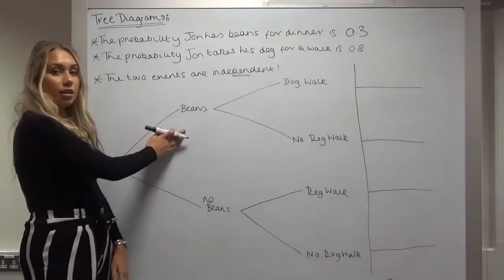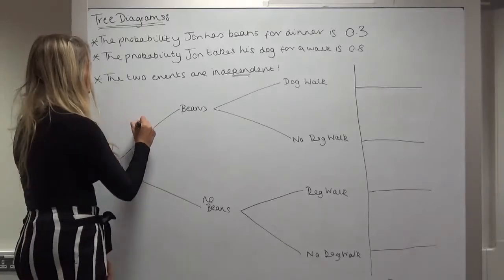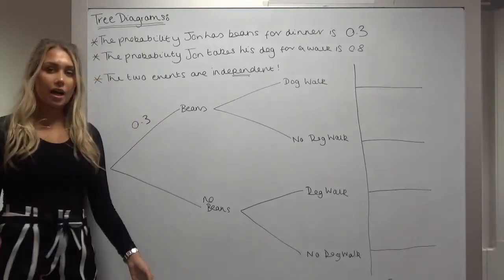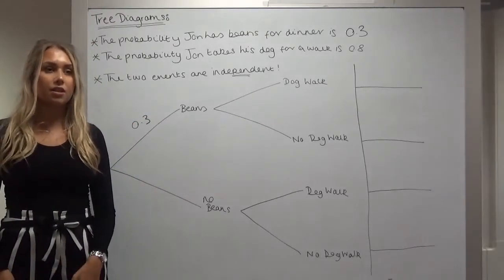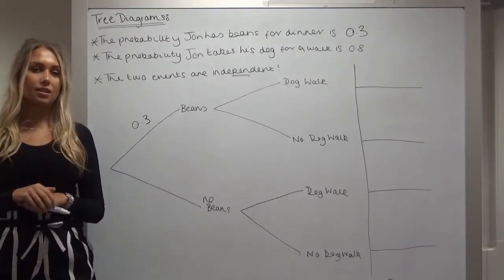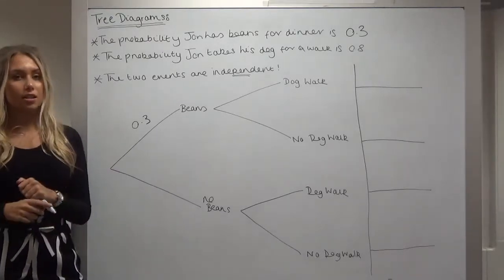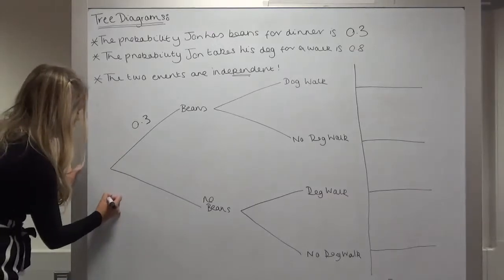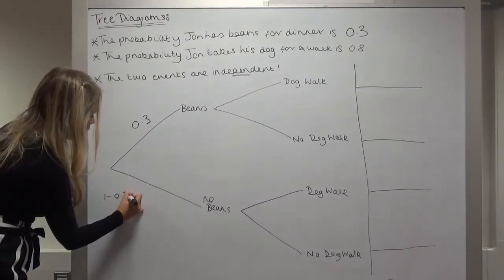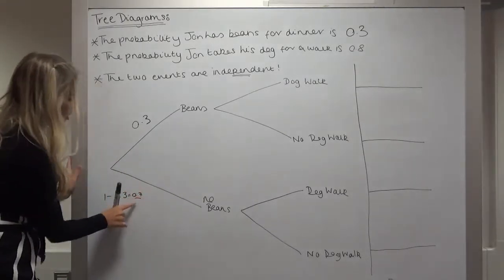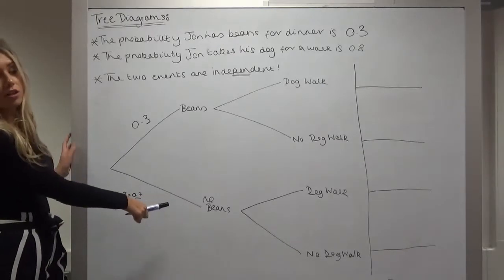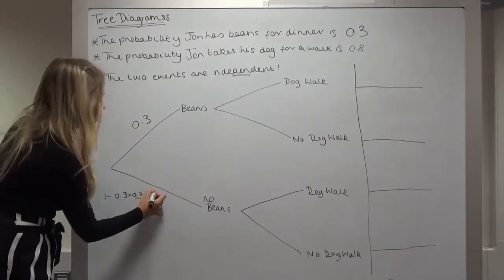So we're going to assign this value to this branch, 0.3. As we know that all probabilities have to equal 1 when they're added together, as this is a certain outcome, we can do 1 minus 0.3, which equals 0.7. So now we know that the probability of John not having beans is 0.7.